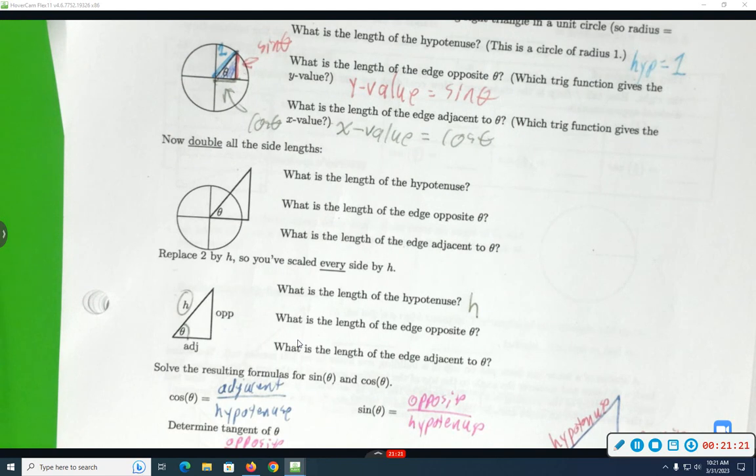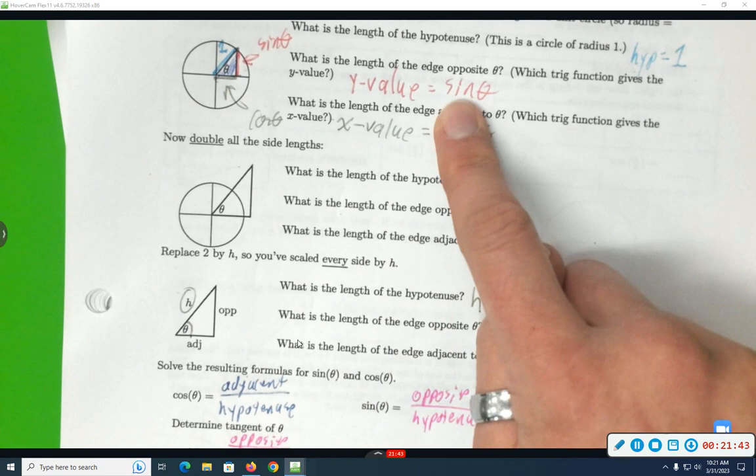If I take the side length opposite theta and scale it by a factor of h, what's the side length opposite equal to? Times h. I'm scaling everything up by a factor of h.